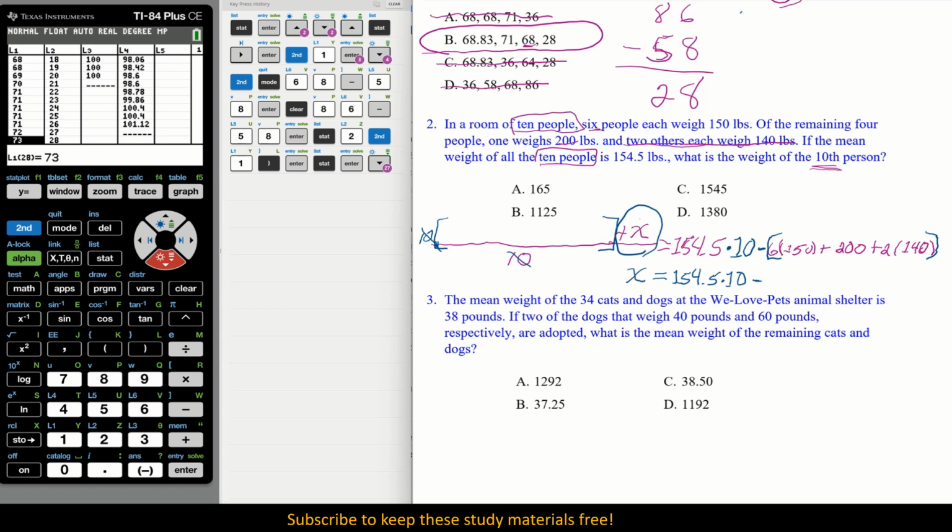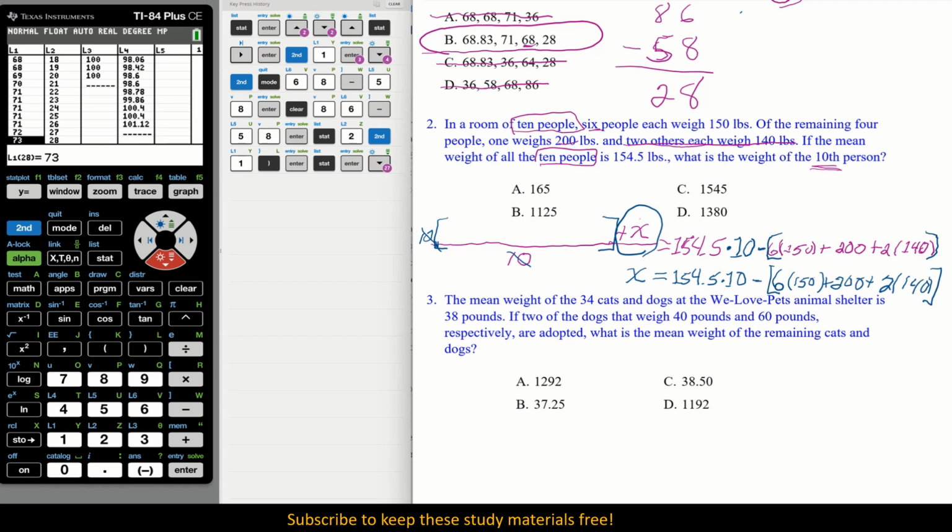I am subtracting all of this: 6 times the 150 pounds plus the 200 pounds plus the 2 animals, excuse me, 2 people, oh, wrong question, at 140. And I will enter that in my calculator.